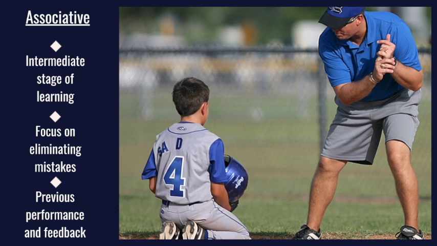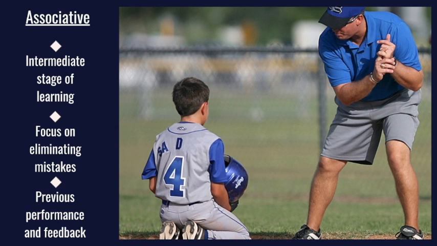The performer will draw upon previous performances alongside more detailed feedback by the coach. They will also require intrinsic motivation from themselves and extrinsic motivation from others in order to develop learning. And this is the middle stage of learning. This is the associative stage.